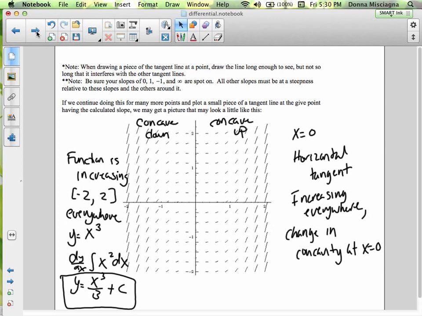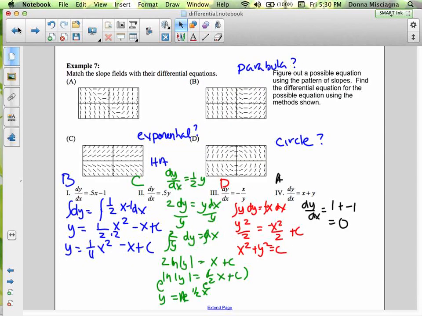All right, so our slope fields can tell us about our function. They can tell us about concavity. They can tell us what our function might be. So, an important tool for us. We're going to do some more drawing, I think, but we'll definitely do more writing the equations. I see here you have a couple of tools that we looked at in the last podcast.